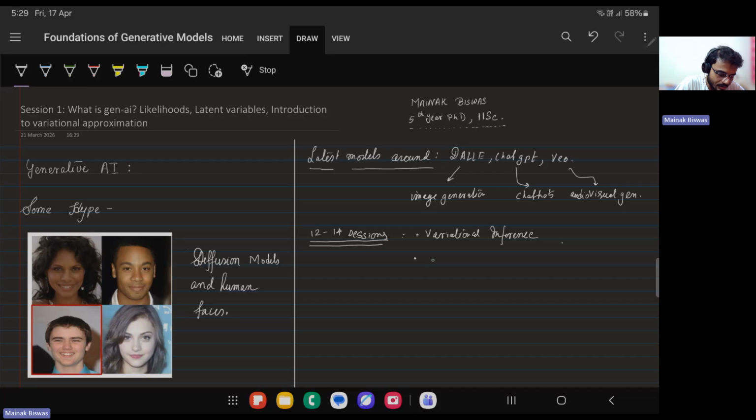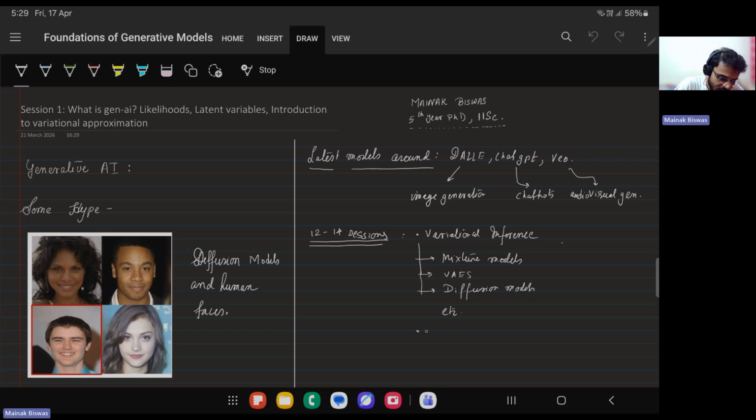Then we'll follow with a lot of models, which will take up most of our time, including mixture models, VAEs, diffusion models, and so on.